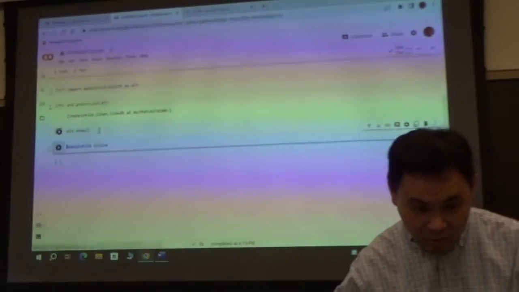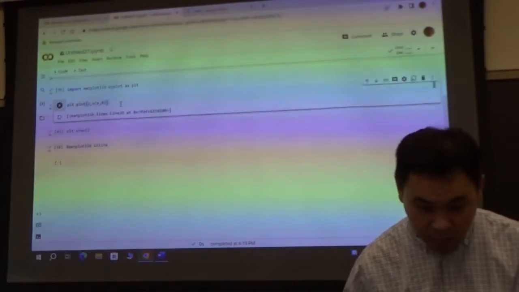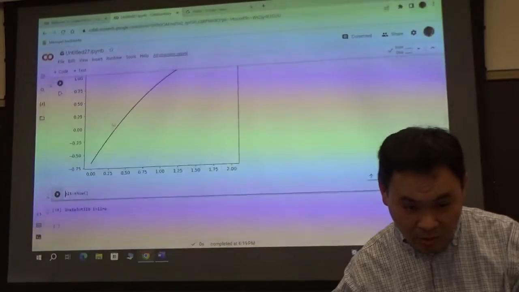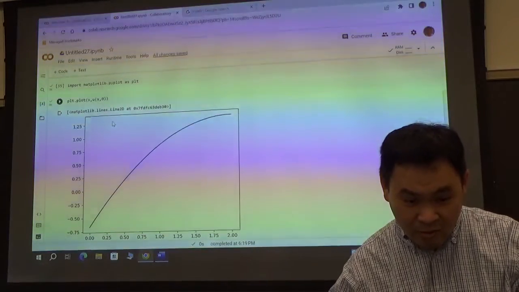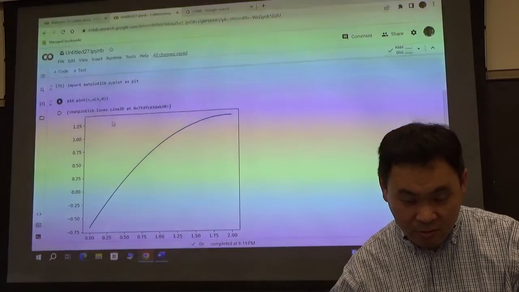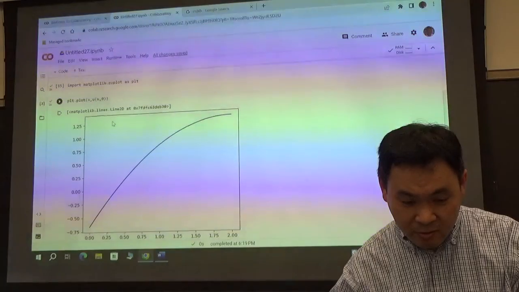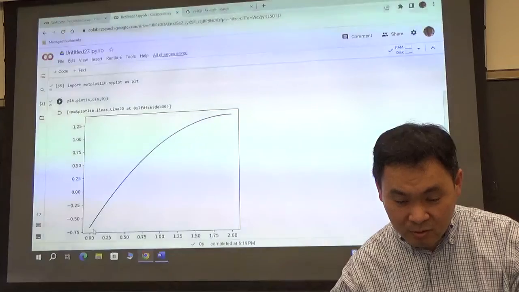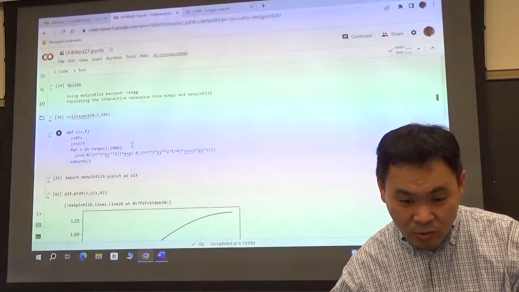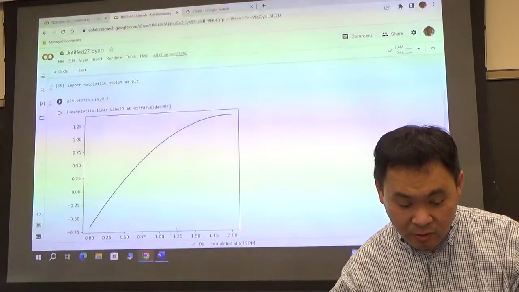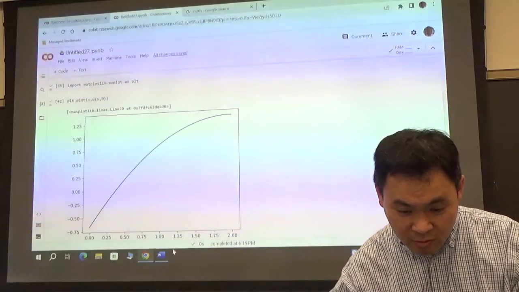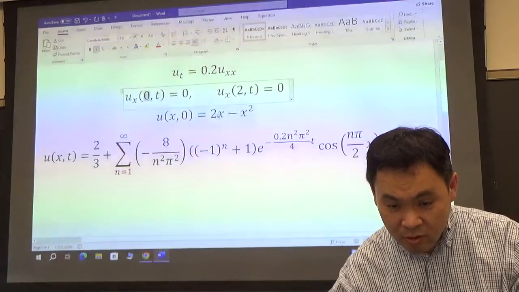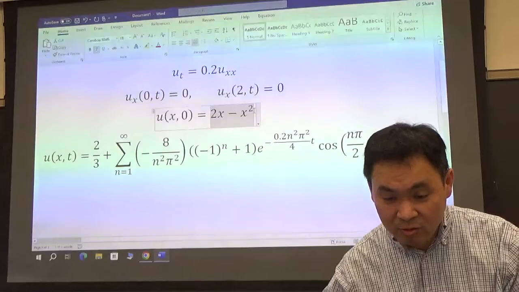What's happening? Oh, now it works. Okay. Good. Now that doesn't make sense, because when you have the initial condition, let me look, 2x minus x squared, this is the one that we need.